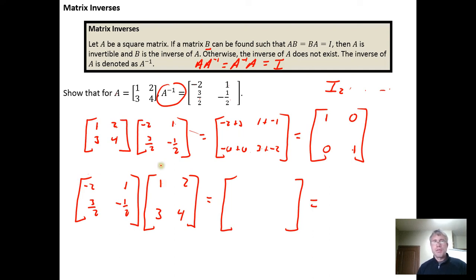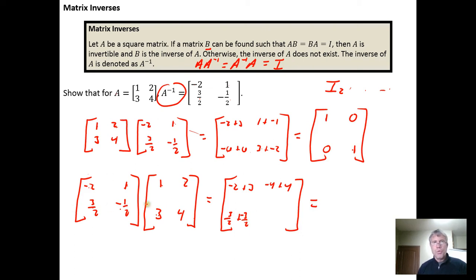For the dot product of row 1 with column 1, we get -2 times 1 is -2, plus 1 times 3 is 3. Row 1 dotted with column 2, we get -2 times 2 is -4, plus 1 times 4 is 4. Then 3/2 times 1 is 3/2, plus -1/2 times 3 is -3/2.